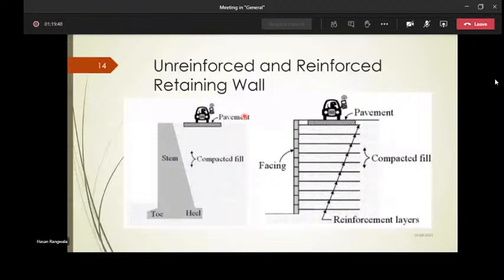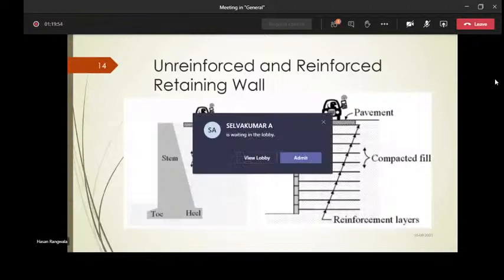Your concrete is saved, your local material is available, and your environment is also saved. How is the environment saved? This is not all concrete.